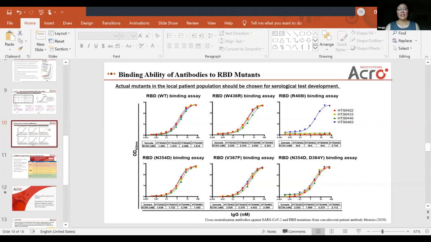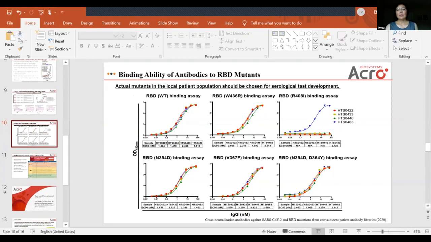There are 4 antibodies actually isolated from patients in China. These are the data from our collaborators. They have isolated 4 different antibodies from Chinese patients with COVID-19, and we tested them against the RBD wild type and those 5 RBD mutants we have.